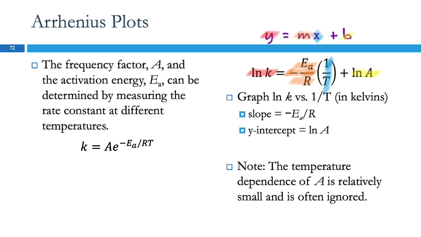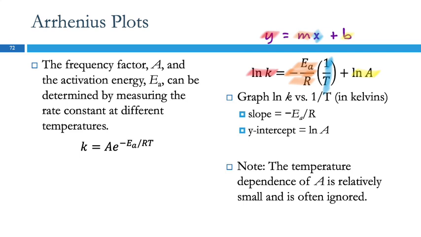So we measure the rate constant, and we take the natural log of the rate constant. We have the temperature measured in kelvins, and we find the reciprocal, 1 over the temperature. And then we graph this on the y-axis, this on the x-axis. And we should get a straight line, or close to a straight line.